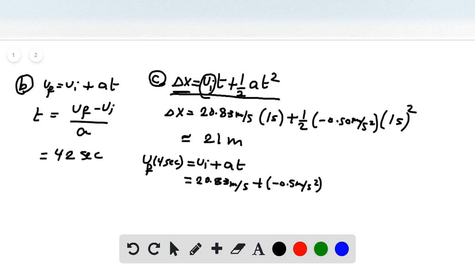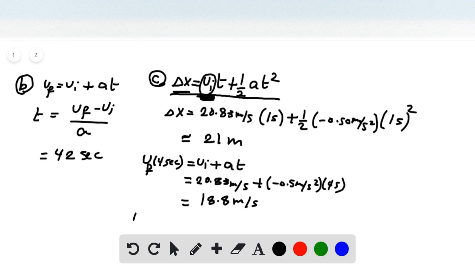I'm looking for the speed at 4 seconds, so multiply by 4 seconds here. This value will give you a number of 18.8 meters per second. Now this v final at the fourth second is a final if you compare it to the initial speed of 20.83, but it really is the initial speed if you compare it to the fifth second.